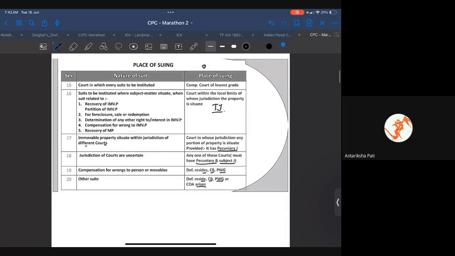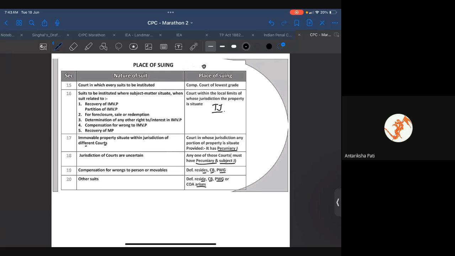Now coming to place of suing. Place of suing is the court in which every suit is to be instituted. Section 15 says any competent court of the lowest grade will be the court where the suit will be filed.